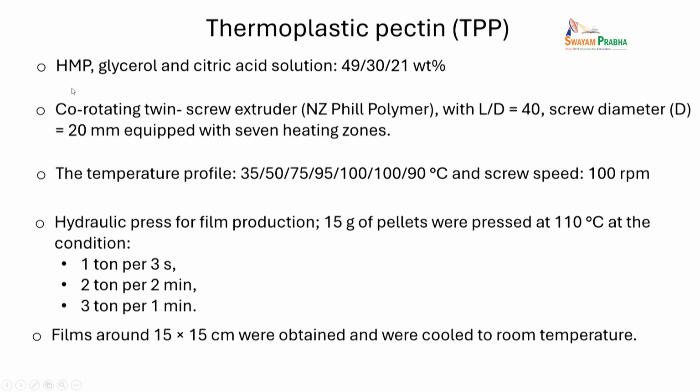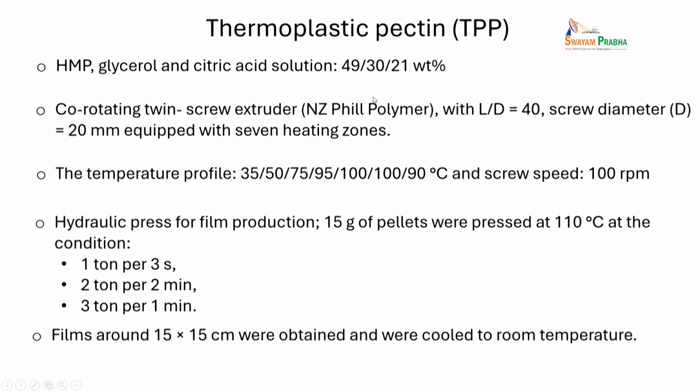There are a few papers. For example, in one of the papers I found that high methoxyl pectin is mixed with glycerol and citric acid in certain proportions: 49 weight percent of HMP, 30% of glycerol, and 21% of citric acid.